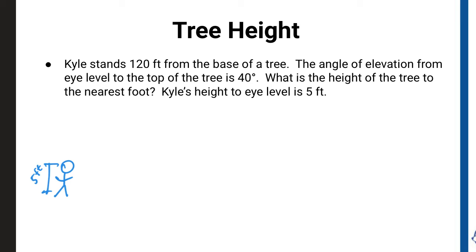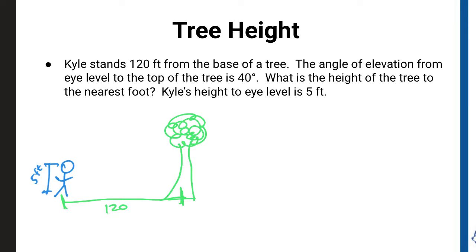So now I need to go ahead and draw my tree. Whoosh. Fluffy tree. And they say that Kyle is 120 feet away from it, so there to the tree is 120 feet.